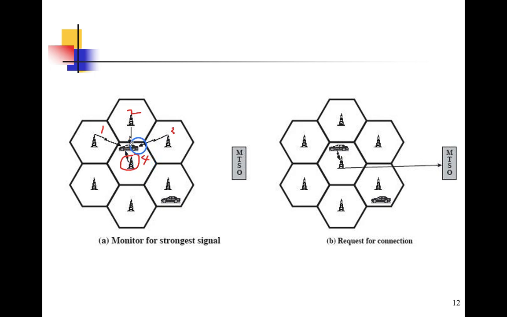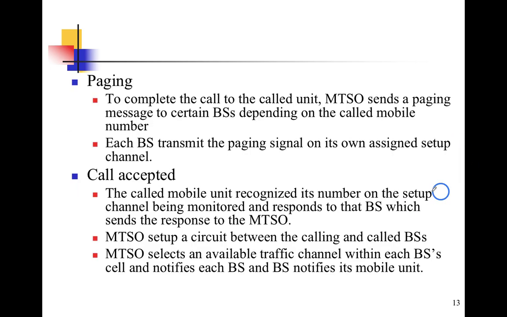So this car will be registered under this base station. The car will request a connection and register its current location to this base station, and the base station will register this request for connection to the MTSO.